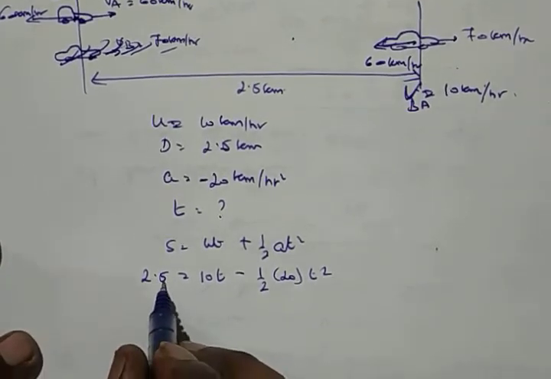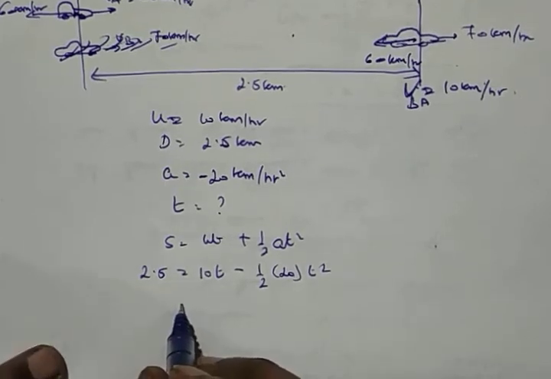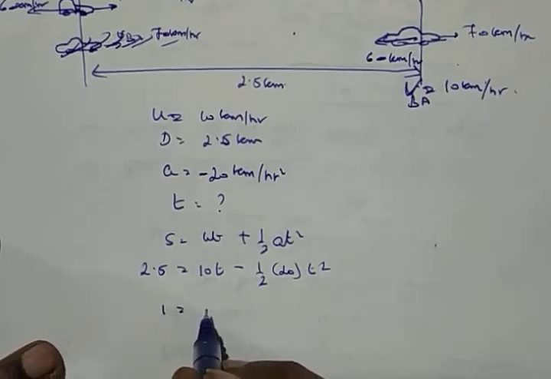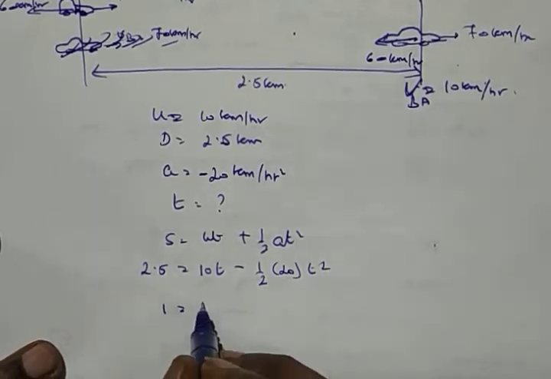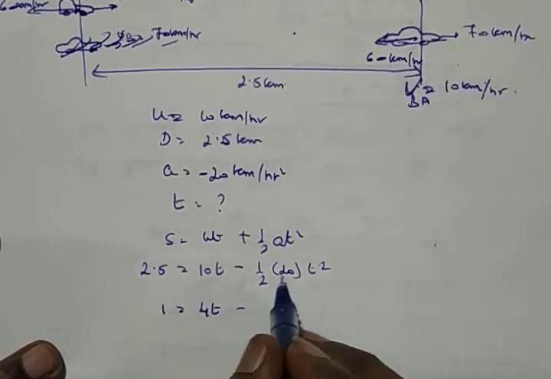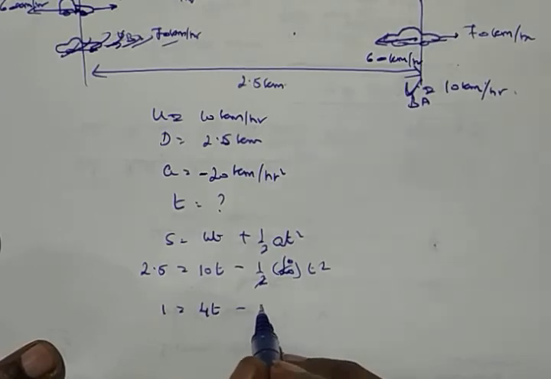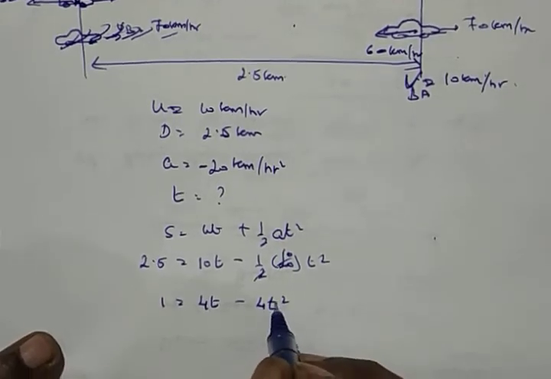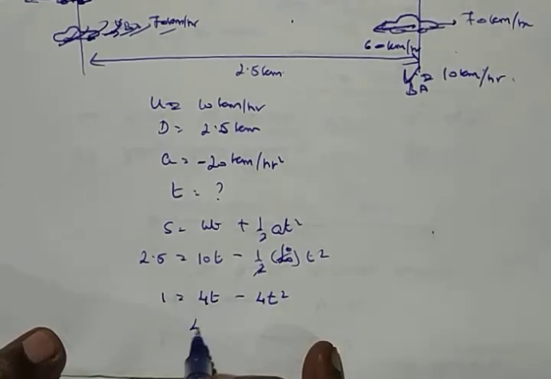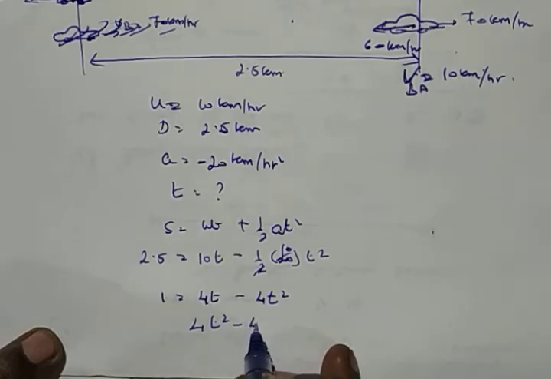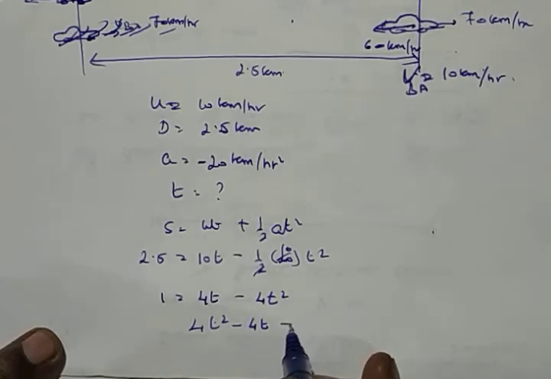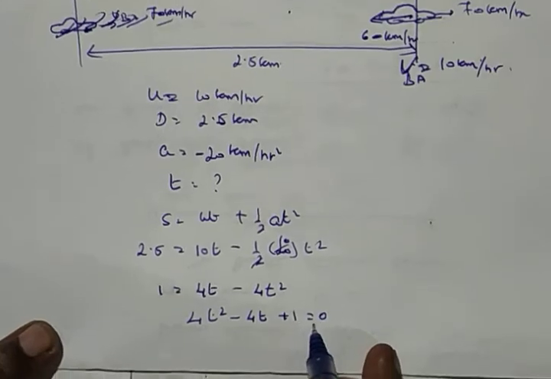If you divide everything by 2.5, you will get 1 equals 4t, and this 10 divided by 2.5 is again 4t squared. So the equation will be 4t squared minus 4t plus 1 equal to 0.